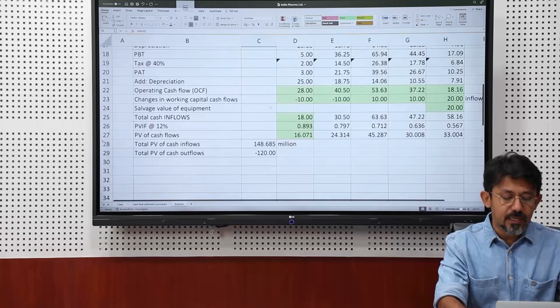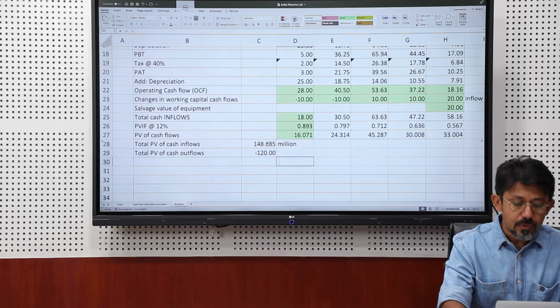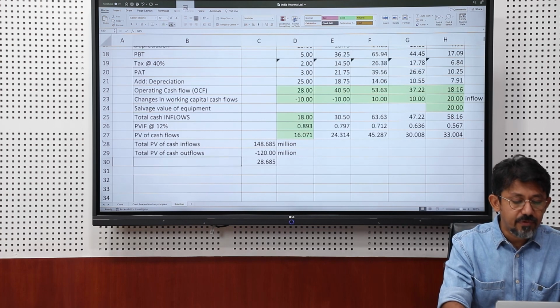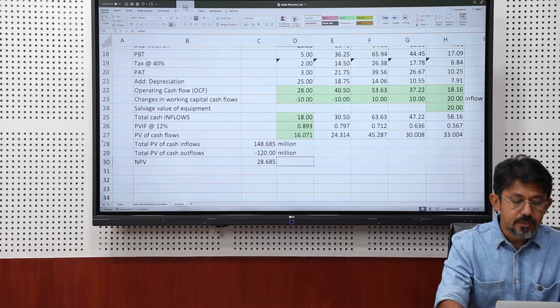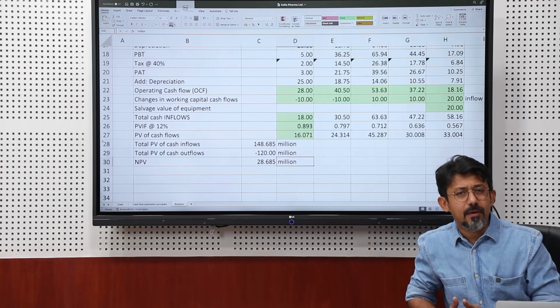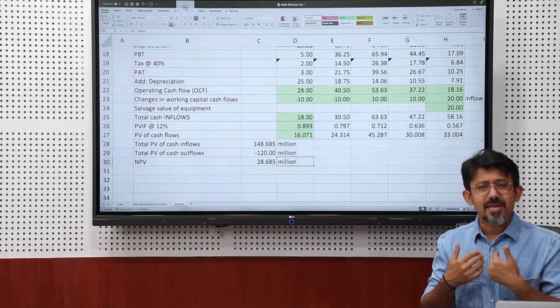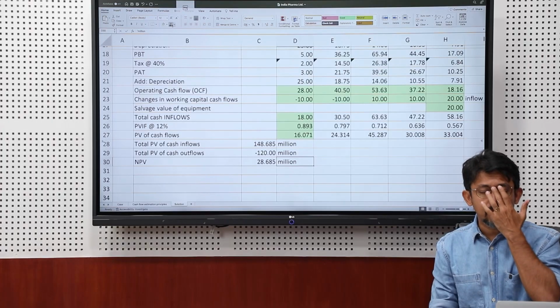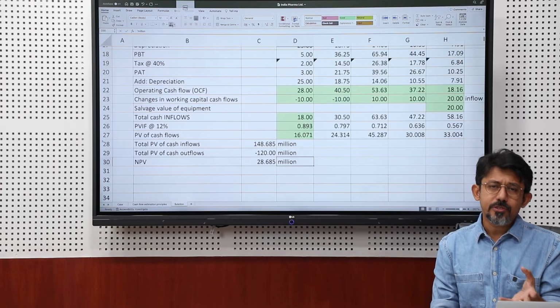So, 148 less 120 million gives me an NPV of 28.68 million. So, at a 12% cost of capital, the NPV is positive, and hence NPV as a decision making criteria tells me that you should accept the project. It is going to add to the shareholders' wealth.